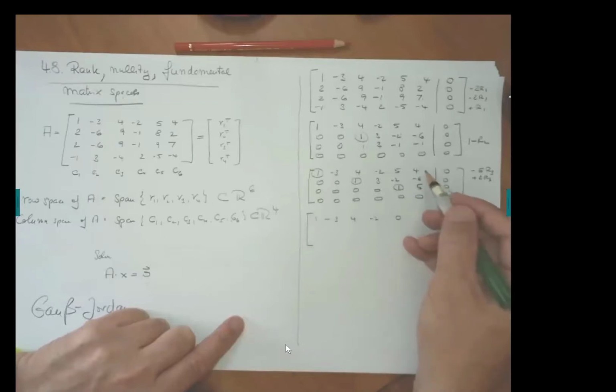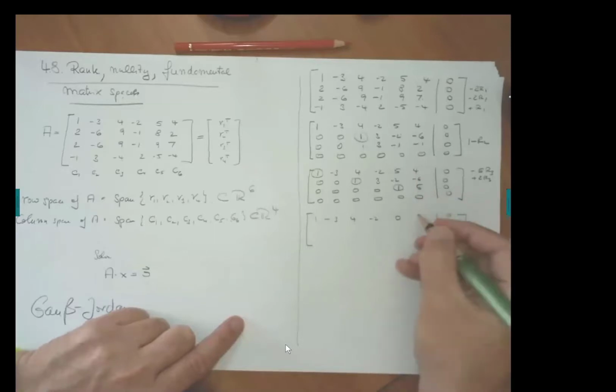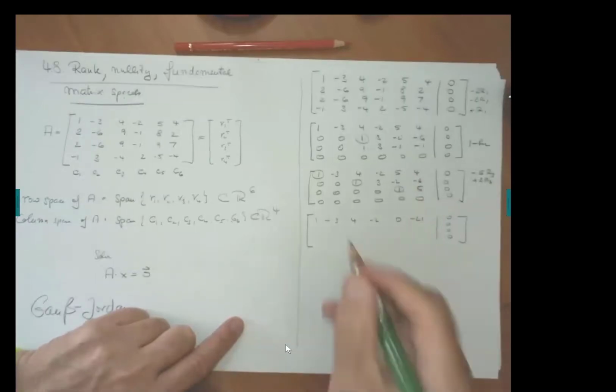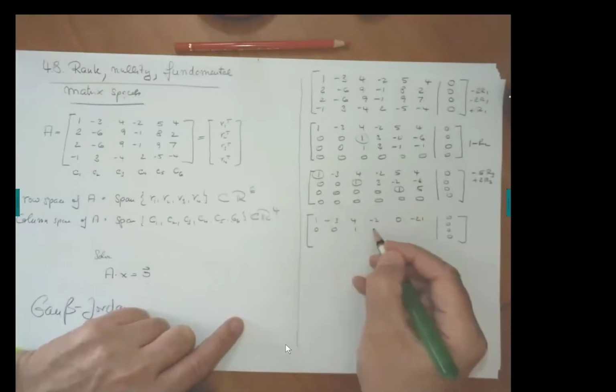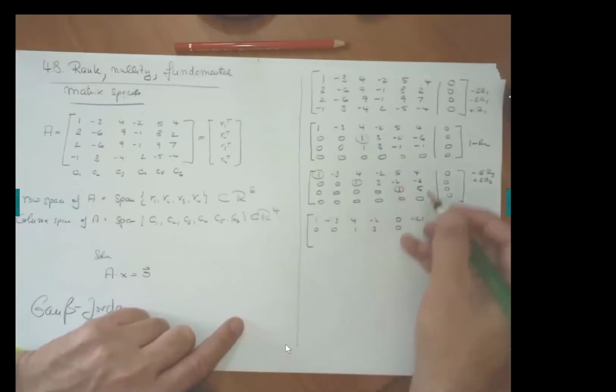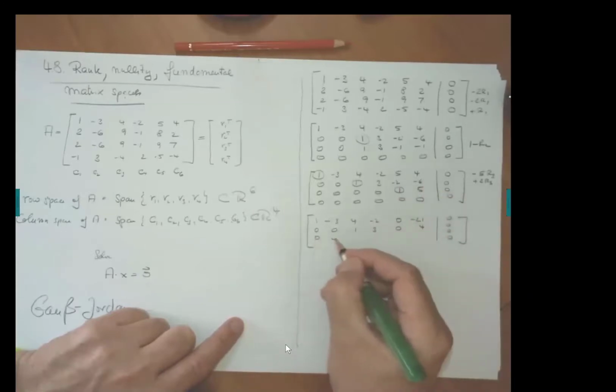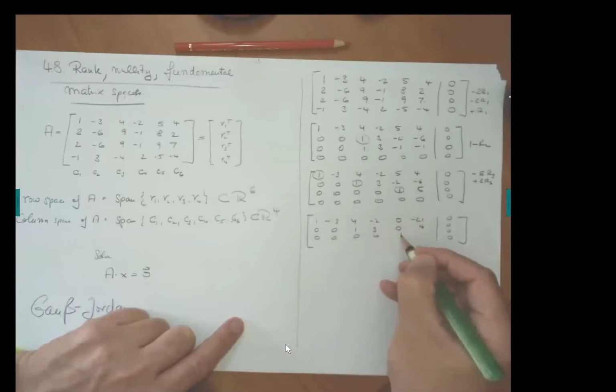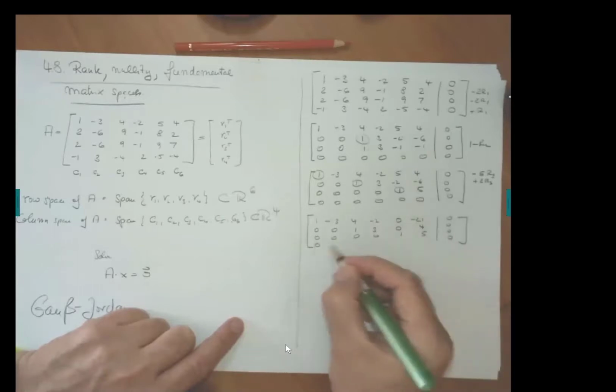Sorry, what did I say? 4 minus 25 is minus 21, no? Sorry. 0, 0, 1, 3, then this plus 2 times this is 0, this plus 2 times this is 4, and then 0, 0, 0, 0, 1, 5, and 0 row.